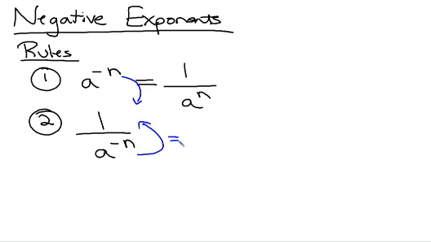So this is a to the positive n, and I could write it over 1 if I wanted to. I don't have to. So they basically just trade places. And then all of our other rules still work that we've learned. It's just a negative number. So let's do a few examples with these negative exponents.